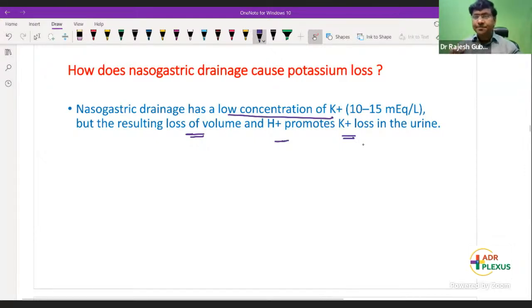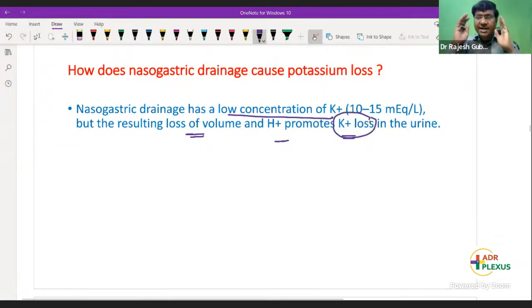So basically, whenever you are taking out the nasogastric fluid, you are reducing the fluid volume, right? And you are also reducing the H+ ion, which is present in the nasogastric fluid, because it is the HCl. Where is this HCl present? The HCl is present within your stomach fluid, gastrointestinal fluid. So that will promote the potassium loss.